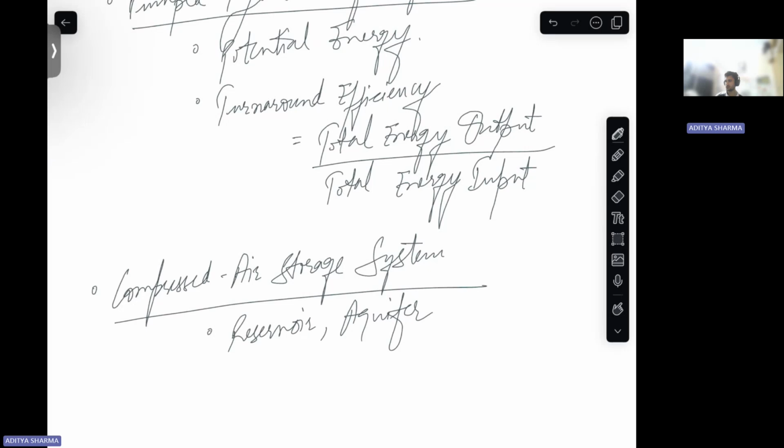So what is an aquifer? An aquifer is a body of permeable rock which can contain or transmit groundwater. So this is your aquifer.